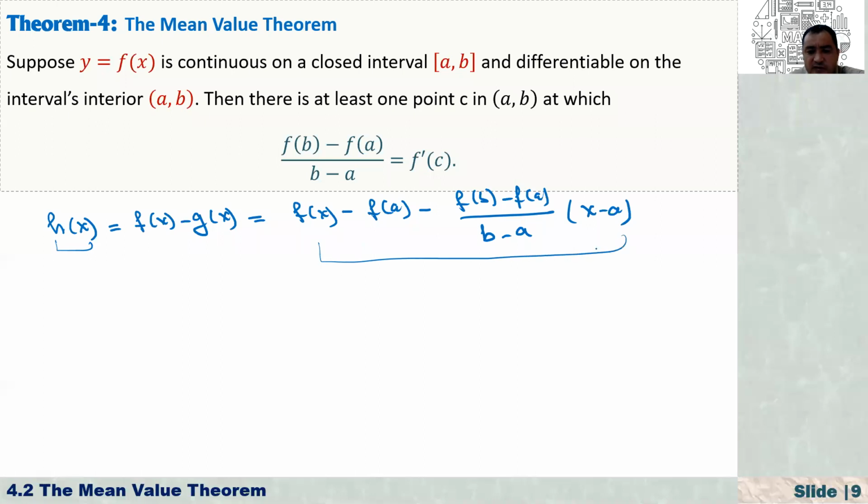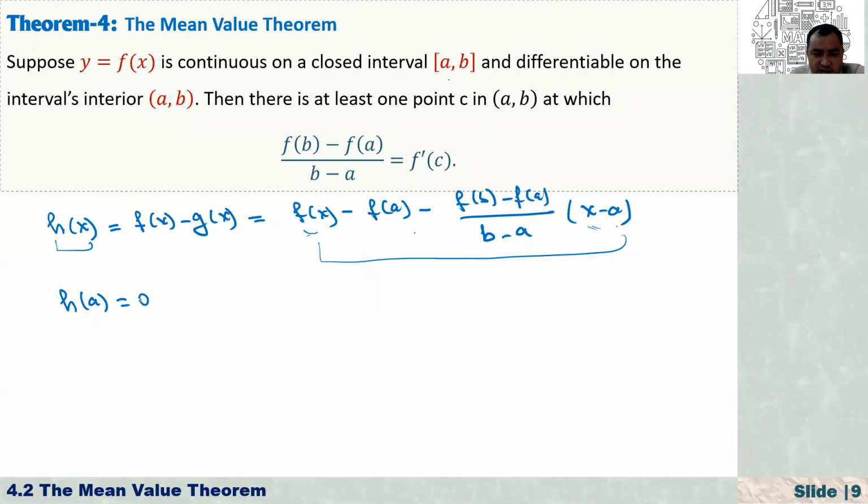That function satisfies all the conditions in Rolle's theorem, right? Over a, b, if you look at the function, the difference is a continuous function because f is continuous, g is continuous, and also the difference is continuous. And both functions are differentiable, which means the difference is differentiable. Now let's check h of a. H of a, here we have f of a minus f of a is equal to 0, and x minus a, a minus a is equal to 0.